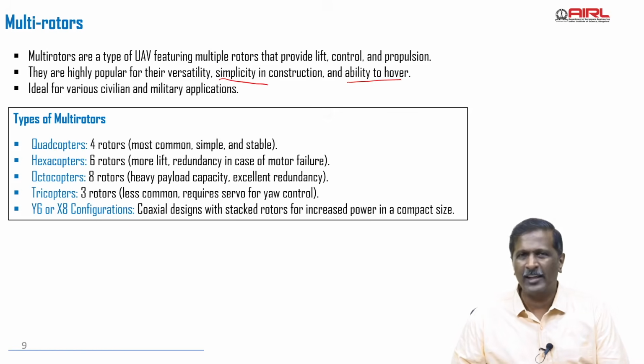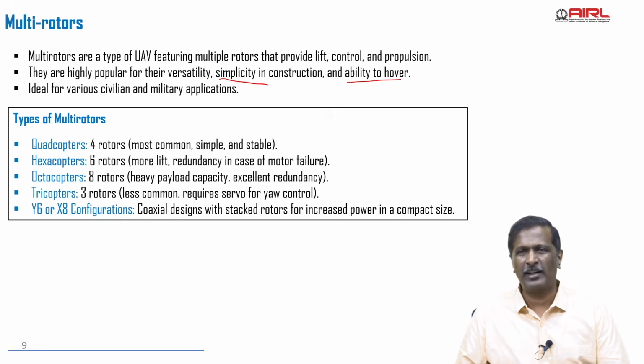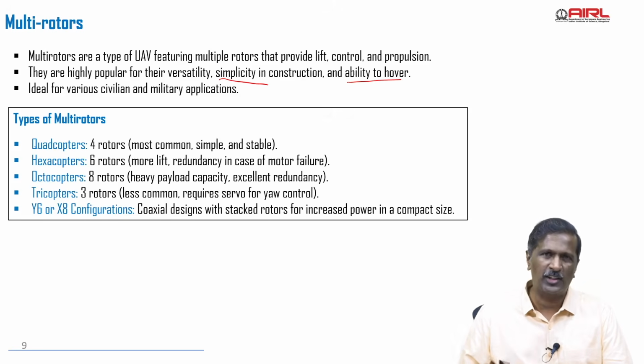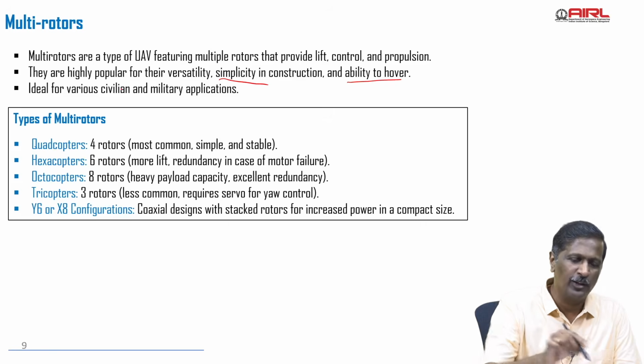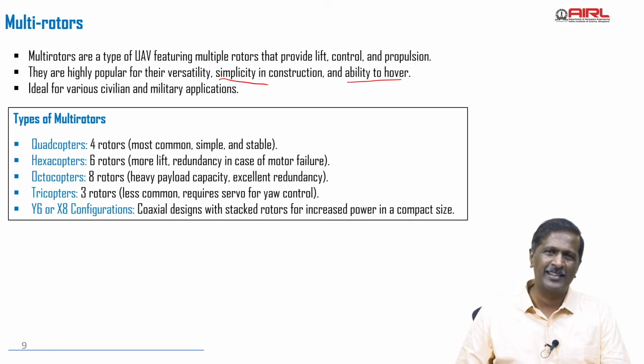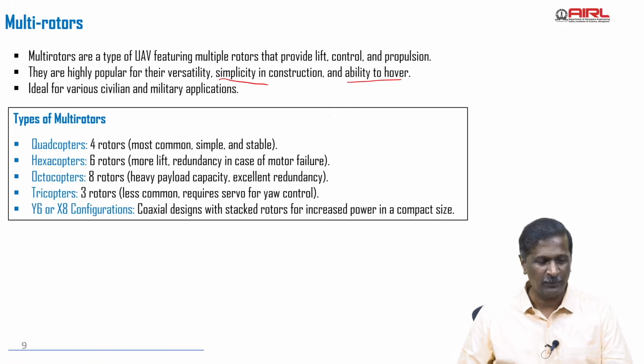They are useful for many civil and military operations. For example, if you want to inspect a tall building or a tall structure, look for any crack, or operate for firefighting, these drones are going to be really useful for inspection, surveillance, and those kinds of applications.